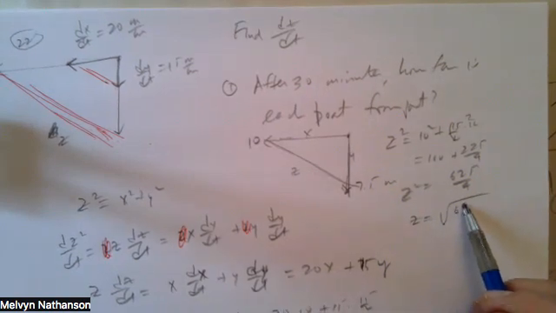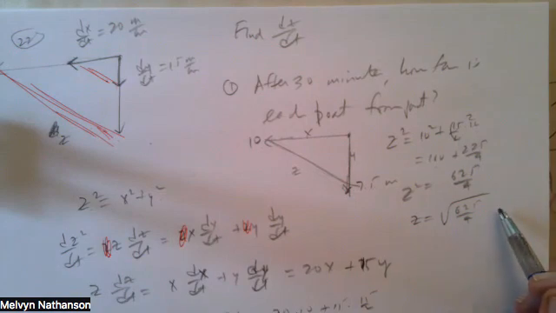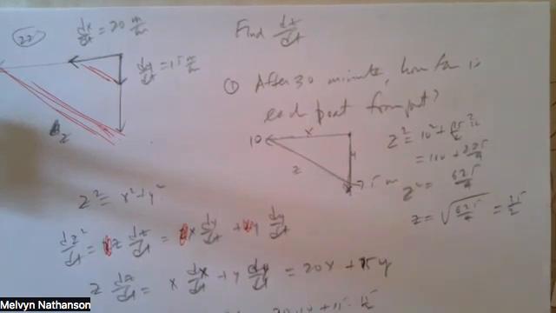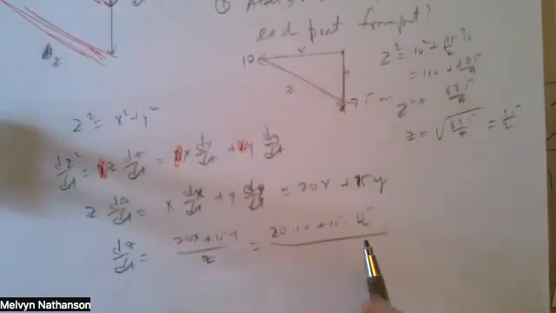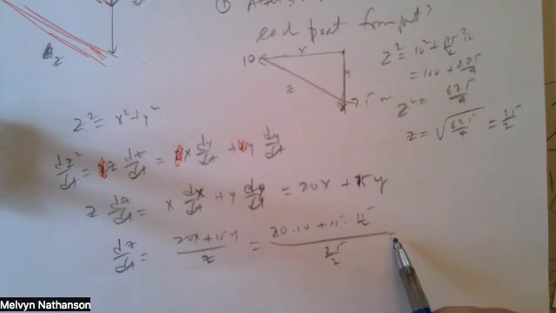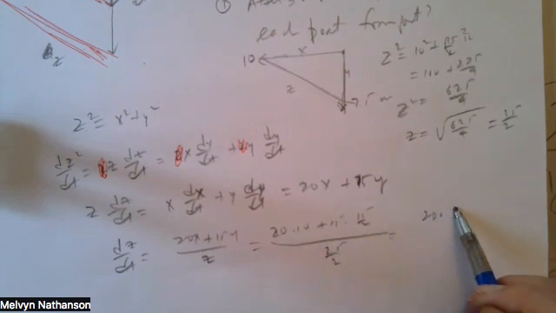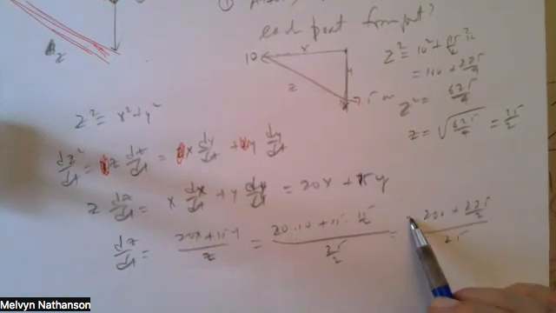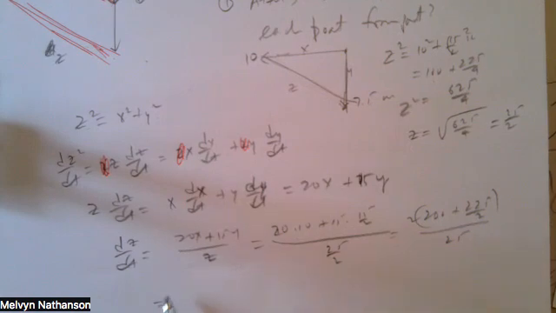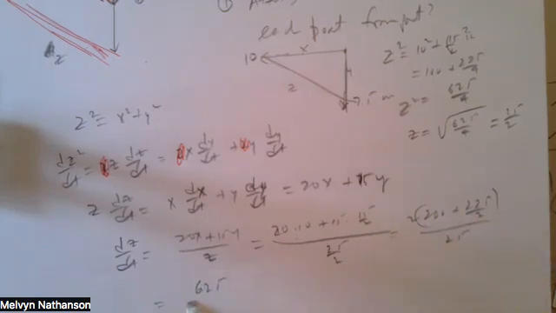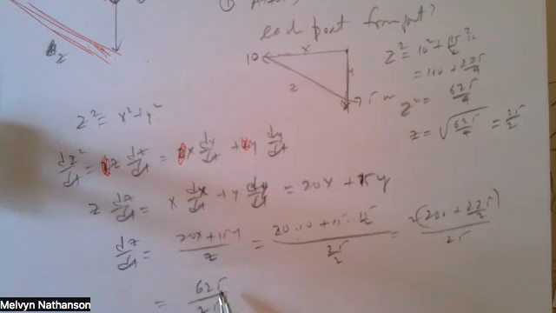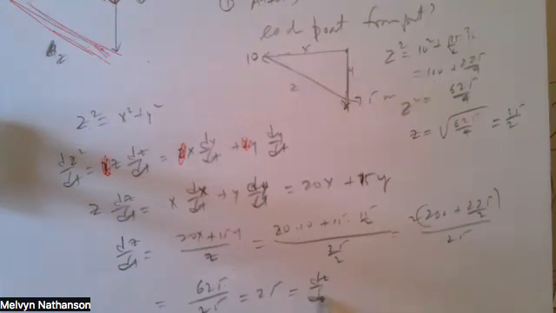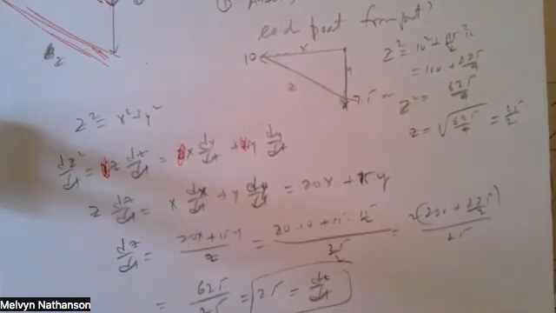So z is the square root of 625 over 4, which by a miracle is exactly 25 over 2. So we're dividing by z, which is 25 over 2. So we get 200 plus 225 over 2, over 25 over 2. So it's this times 2. So this is equal to 400 plus 225, 625 over 25. And 625 over 25 happens to be exactly 25. So the numbers cancel very nicely.